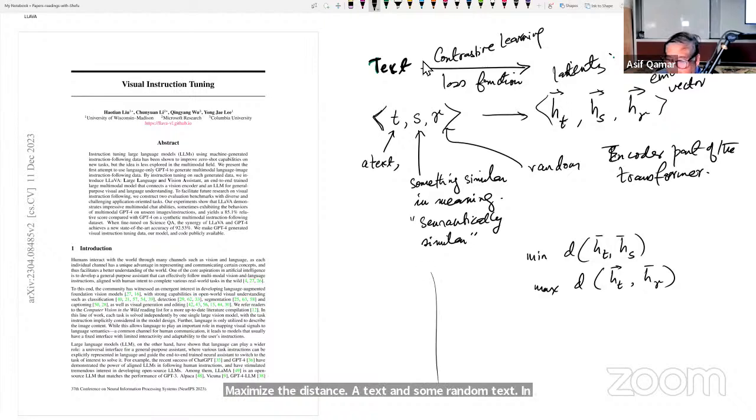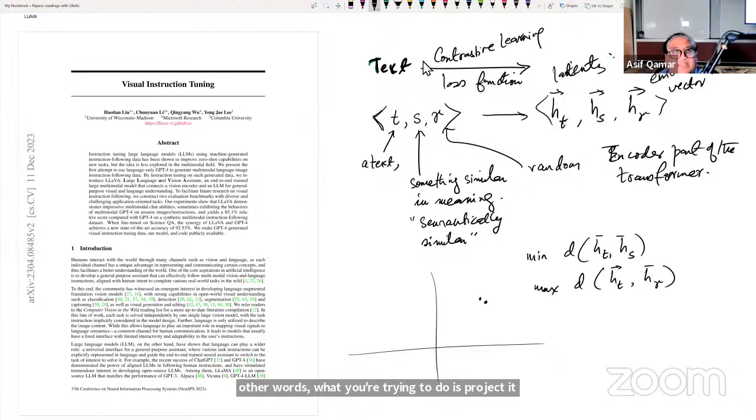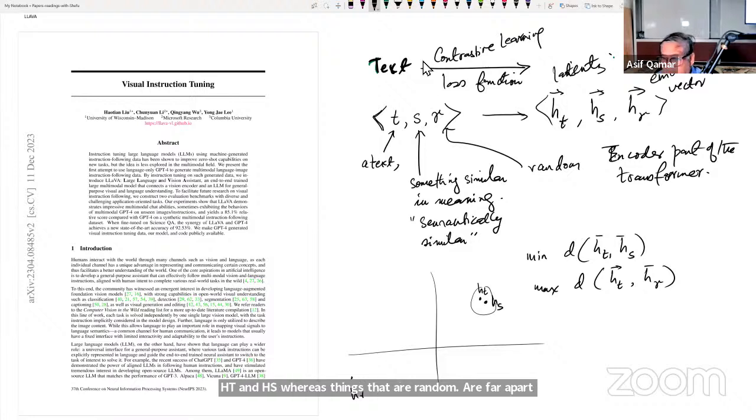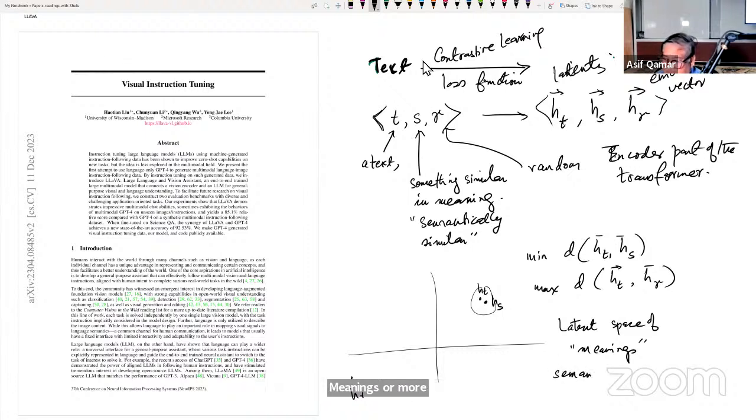In other words, what you're trying to do is project it into a space in which things that mean the same thing or similar things are close to each other, HT and HS, whereas things that are random are far apart from those two. When you do that, what you end up creating is a latent space of, in a way, meanings, or more specifically, a semantic embedding.